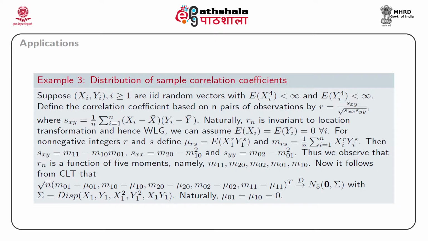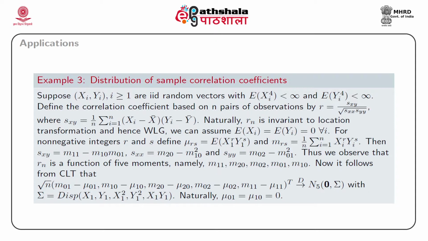Then Sxy can be expressed as m11 minus m10 multiplied by m01. Sxx is nothing but m20 minus m10 square and Syy is nothing but m02 minus m01 square. Thus, we observe that Rn is a function of 5 moments, namely m11, m20, m02, m01 and m10.